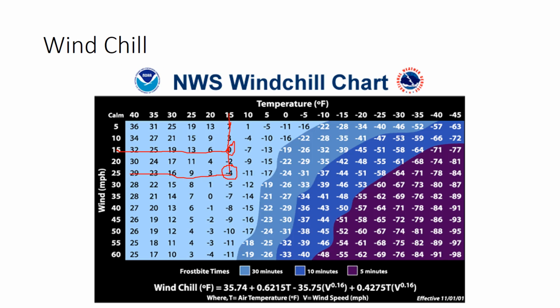So for example, let's look at 0 degrees, and at 0 and 20 miles an hour. From 0 to 20 miles an hour, you notice a 22 degree temperature drop. Now, if we were to up it another 20 miles an hour, so it's now at 40, you only see 7 degrees cooler in that case.